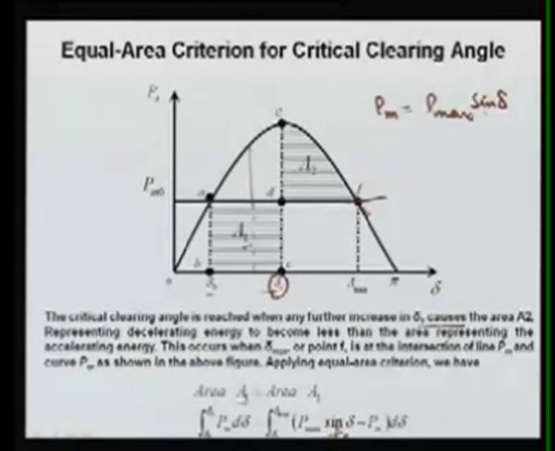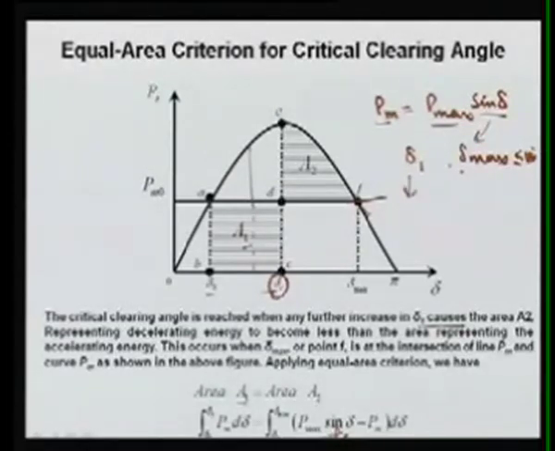If you will solve here, knowing this Pm, you will get the two values of delta. One you will get is delta 1, another you will get is delta max, and these values will be less than or equal to 180 degree. So since we are talking about up to the pi degree, we will get the two values.